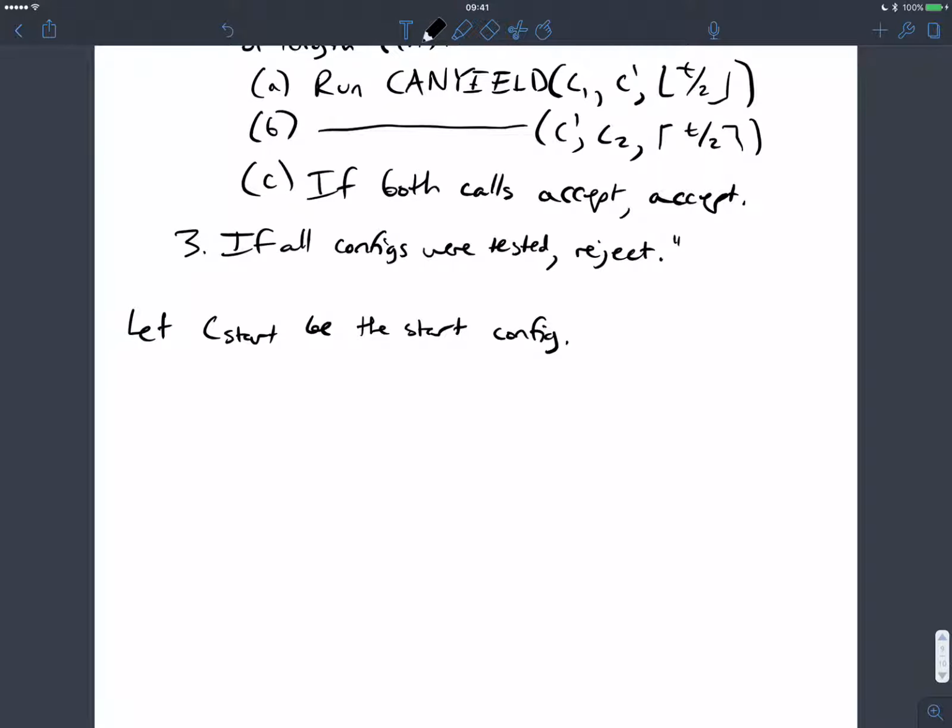So again, let's just try all of them, right? There's nothing wrong with that as long as I don't use too much space. So for every config of size at most f of n containing QAccept, let's call the config C double prime, because we got to give it a name.